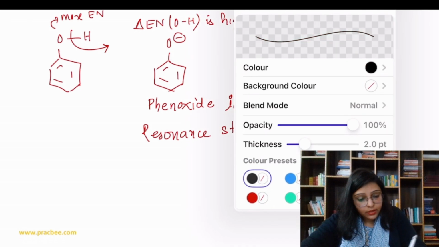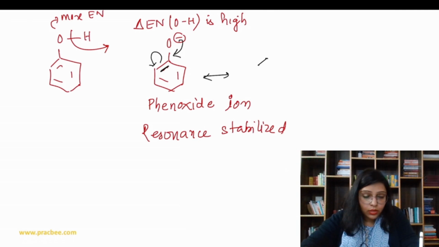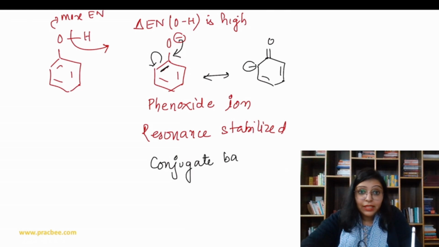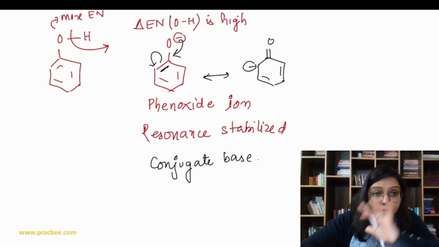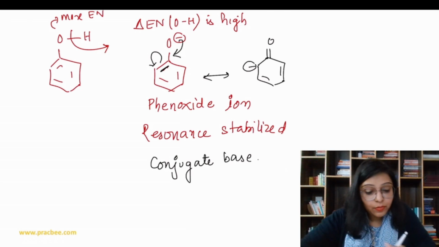If we see how to draw the resonance, this is going to be the first step of the resonance, right? So this is resonance stabilized. So we have the conjugate base, which means a negative charge is there. Whenever we have a negative charge, we have more electron-electron repulsion, and if we have more electron-electron repulsion, which groups stabilize the electron-electron repulsion?